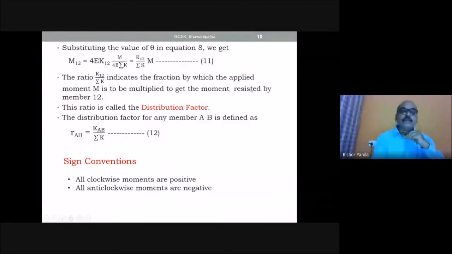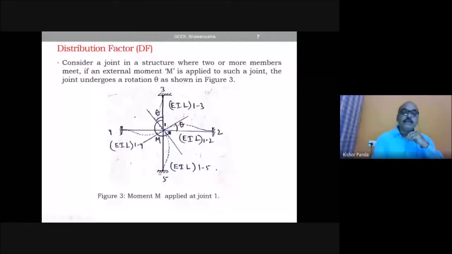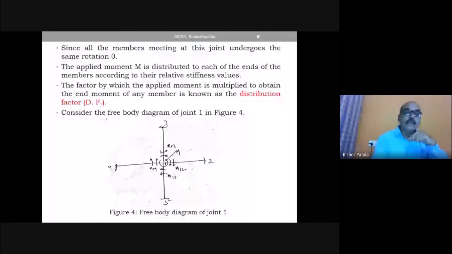This ratio is called the distribution factor. The ratio K12 divided by summation of K is called the distribution factor. What is the distribution factor? The relative stiffness of the member, any member, divided by the relative stiffness of the joint is called the distribution factor. It is denoted by r_AB.